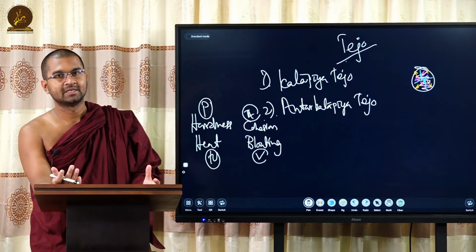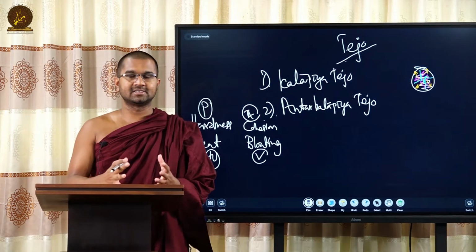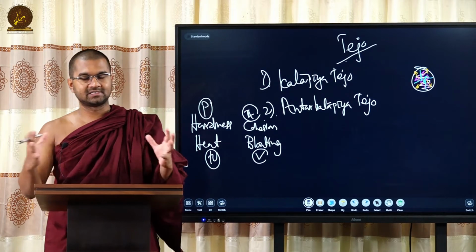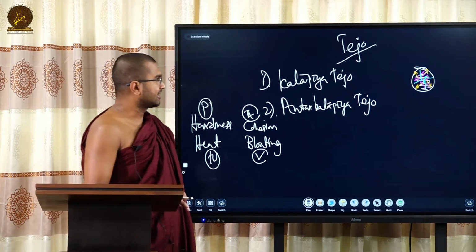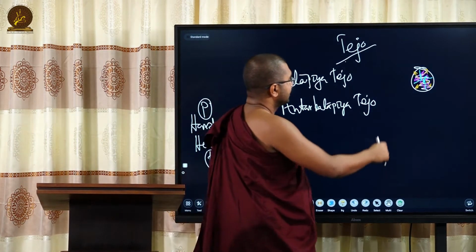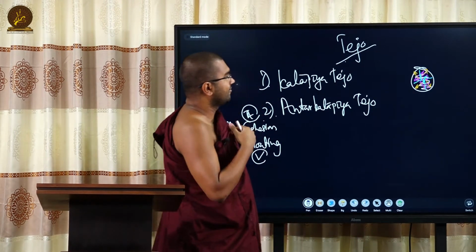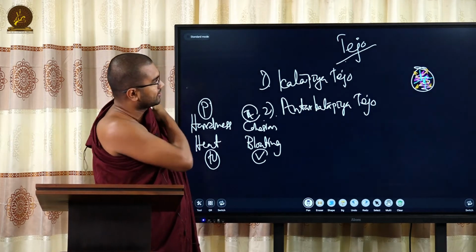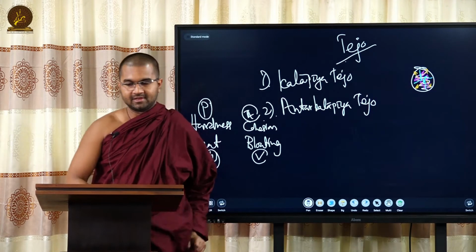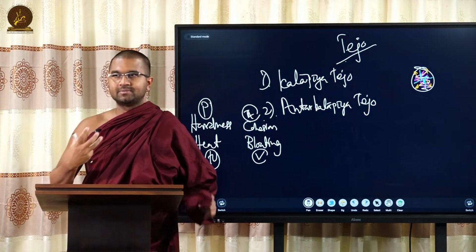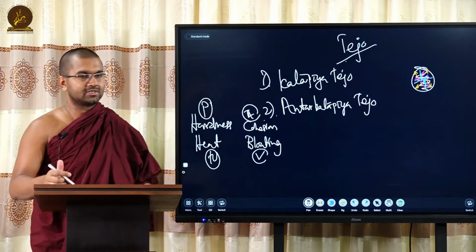So when the heat increases and decreases, the size of the star increases and decreases. Likewise, the heat is responsible for the functioning of Apo and Vayu. And also it is responsible to strengthen the Patavi, to get that more prominent substantial quality.